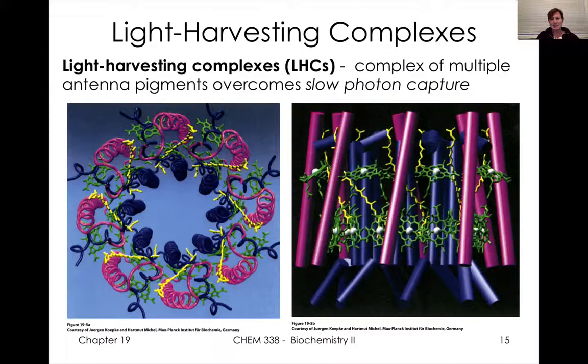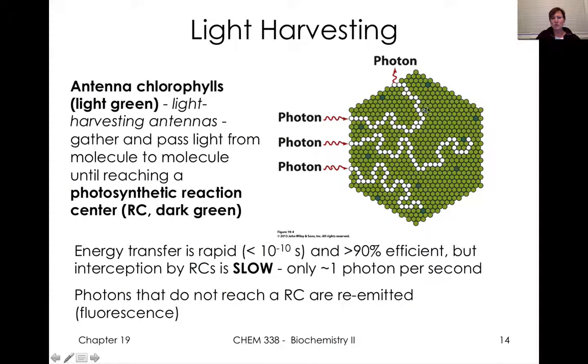Because the idea is, I'm going to flip back here for a second, if you are an antenna chlorophyll, you are going to have your electron get excited, but you're not going to lose your electron. Your electron doesn't become part of the electron transport chain. Rather, you're going to transfer your energy to an adjacent chlorophyll. And that's going to happen. That's what these little white lines represent, the resonance energy transfer between all of these different antenna chlorophylls.